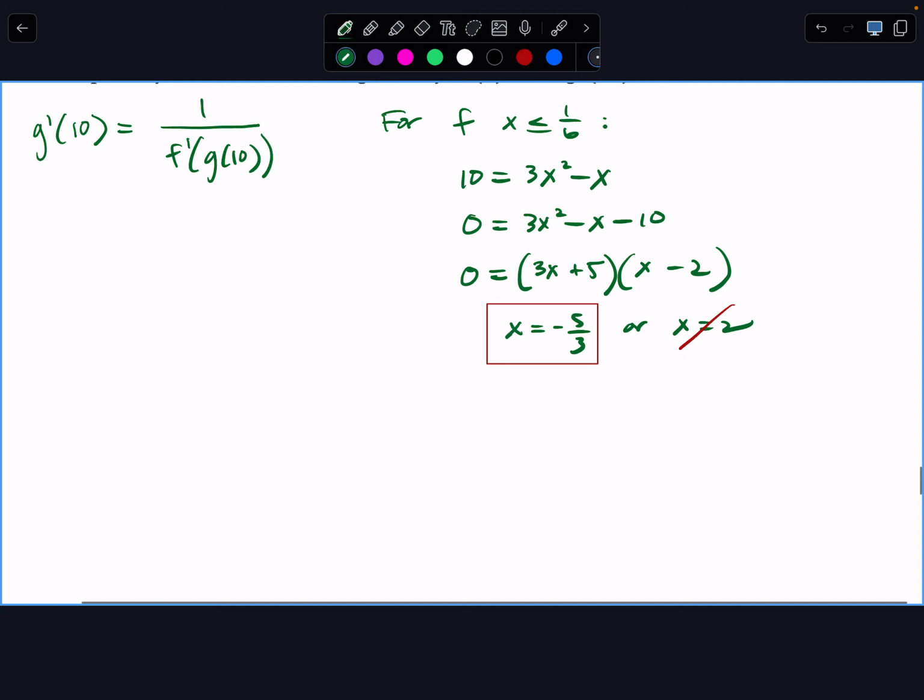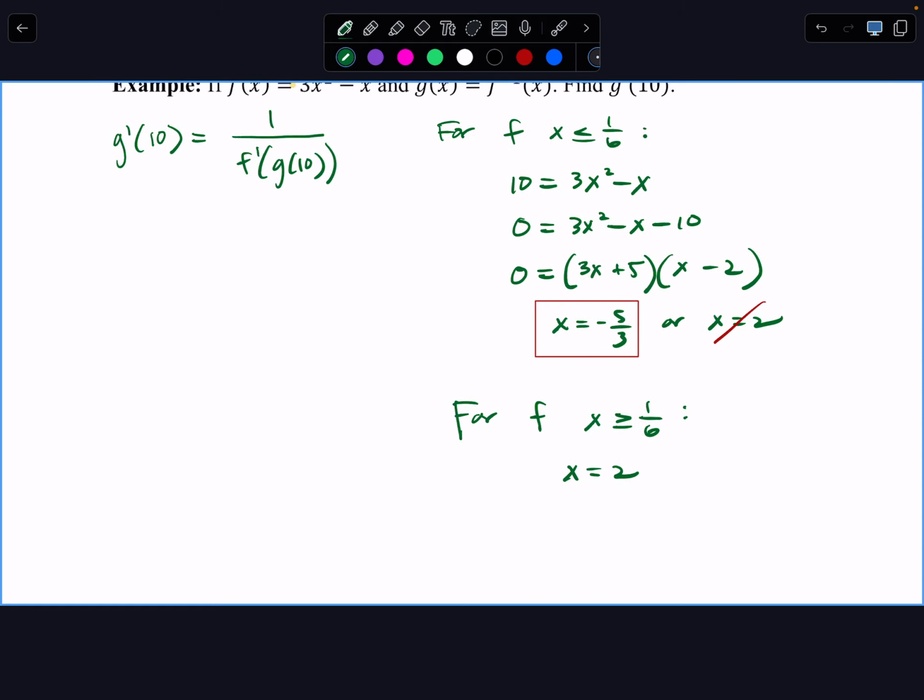But for f defined on x greater than or equal to 1/6, you would end up with x equal to 2. So for x less than or equal to 1/6, g prime of 10 would be 1 over f prime of negative 5/3.